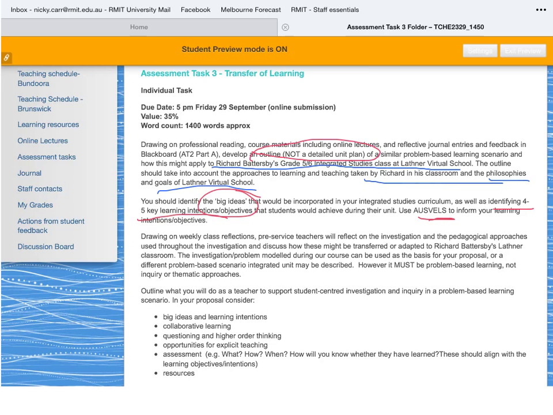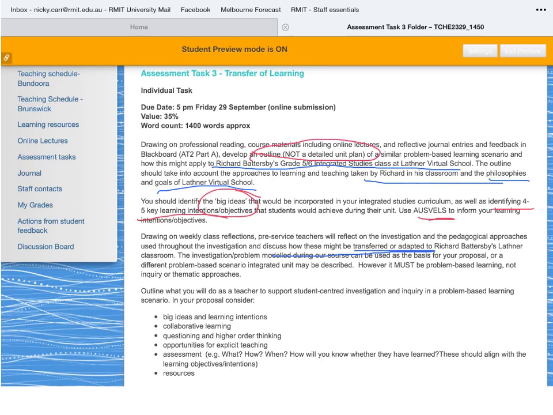What we're looking for you to do is to think about the sorts of activities that you have engaged with during the investigation and the sorts of pedagogical strategies that your teachers have demonstrated and modelled during the investigation, and think about how they could be transferred or adapted to Richard Battersby's Ladner classroom.